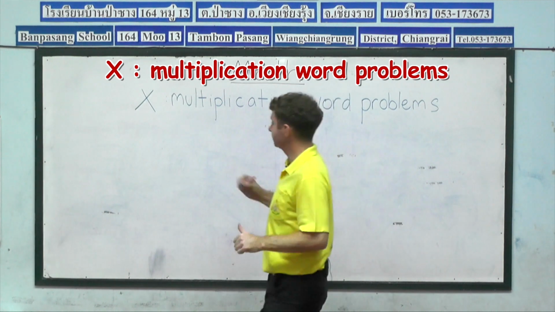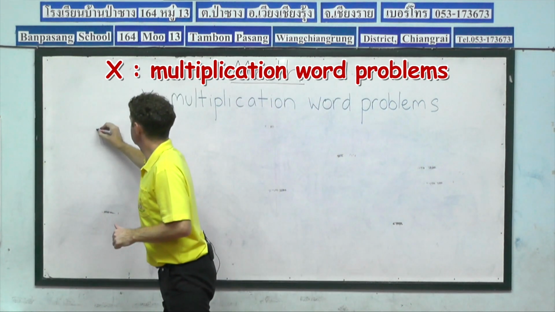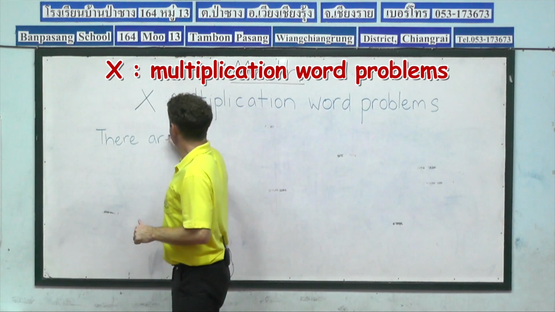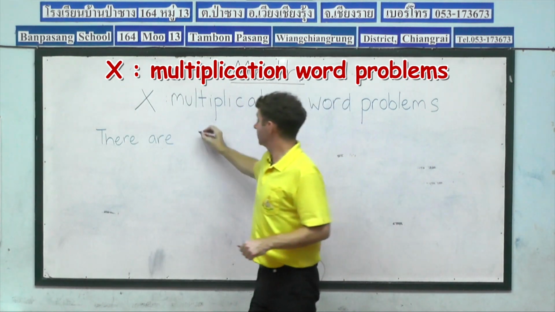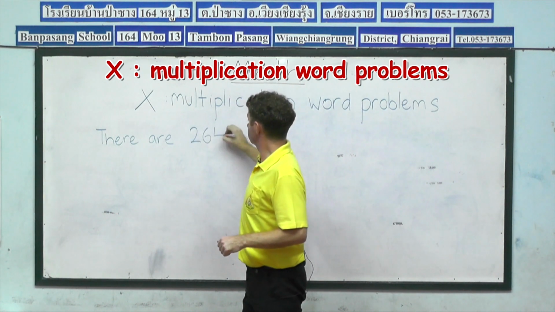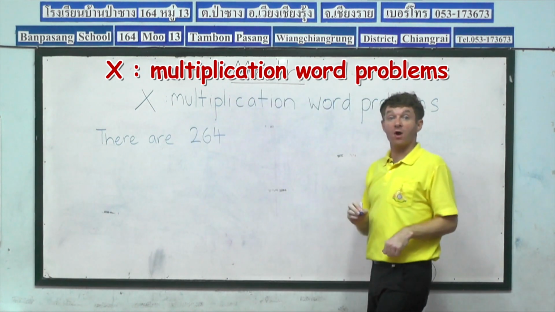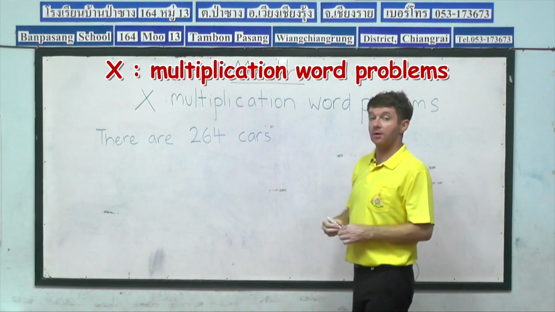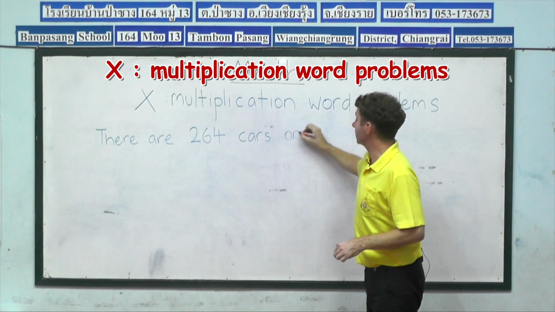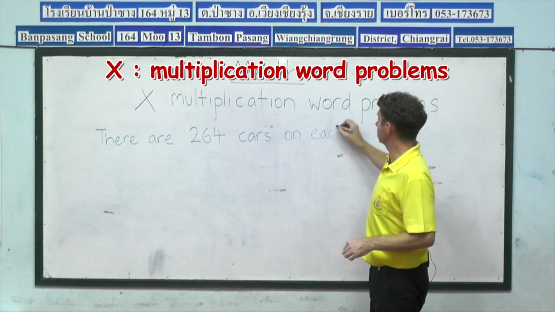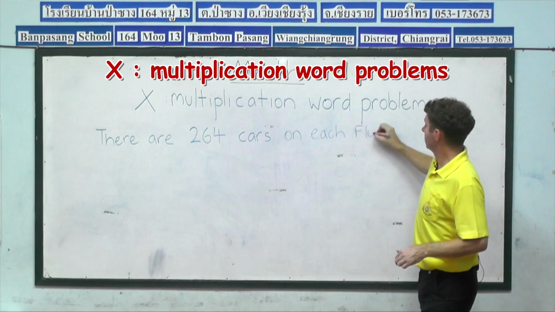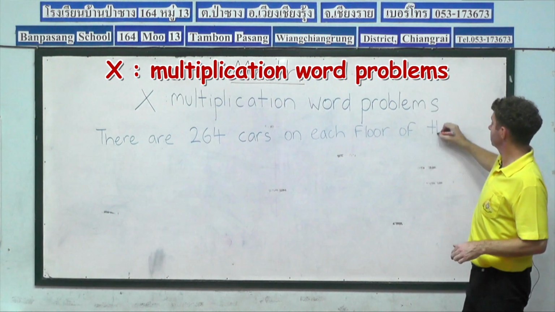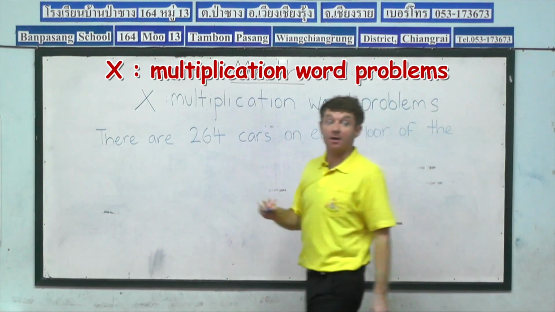So let me see. There are 264 cars on each floor of the parking lot.